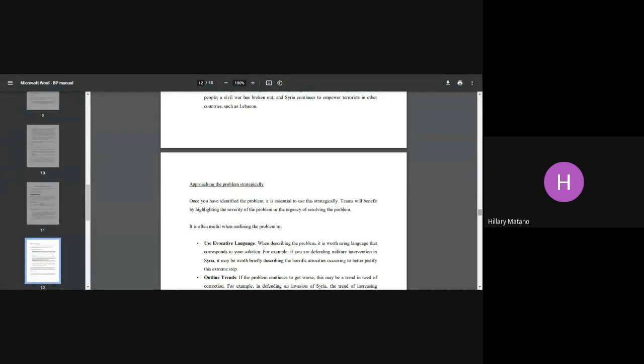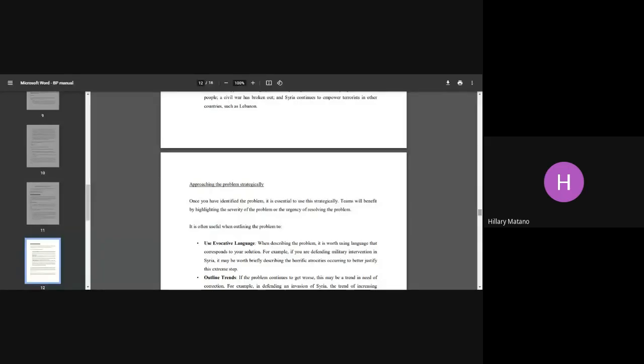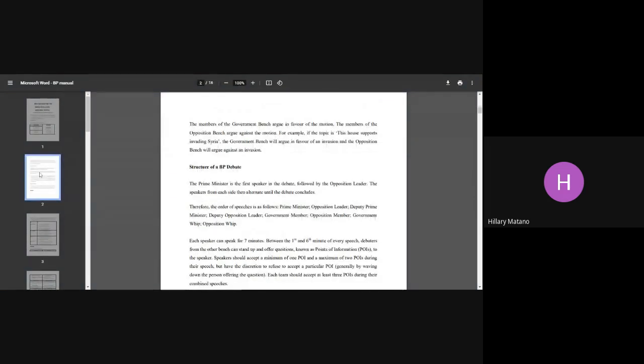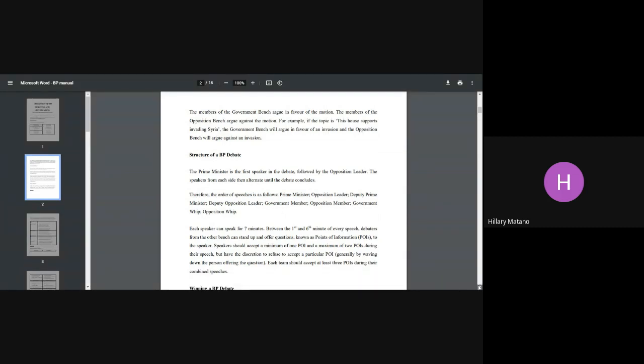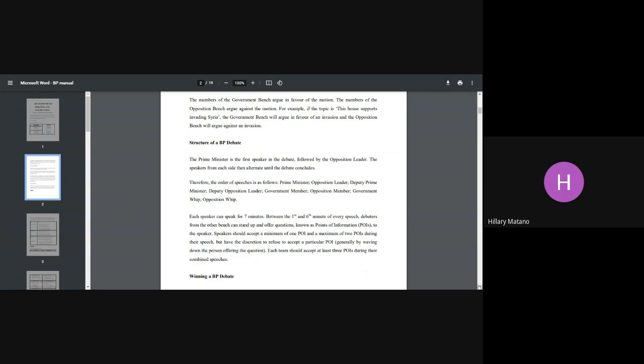THS. This House shall, or this House supports. Then we also have THR. This House regrets. Okay. Those are among some of the motion framing.